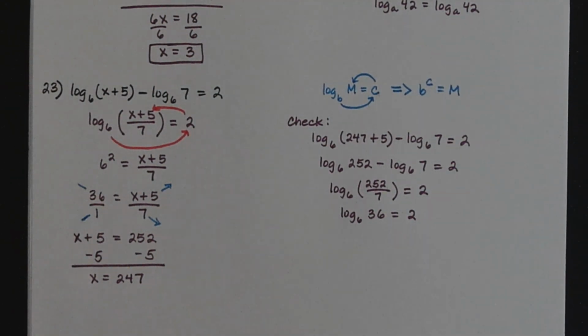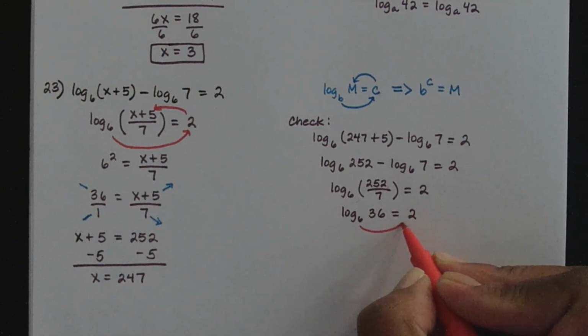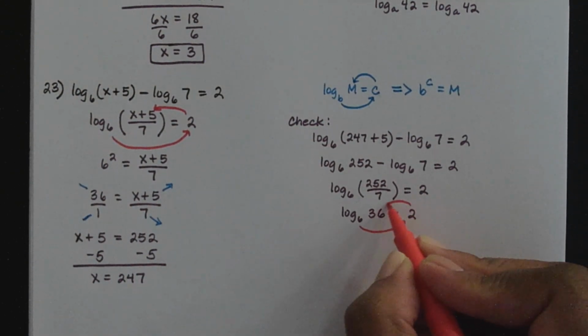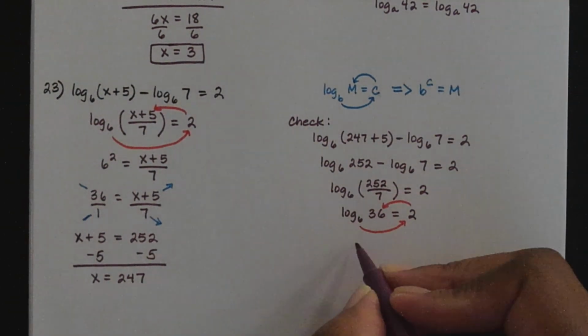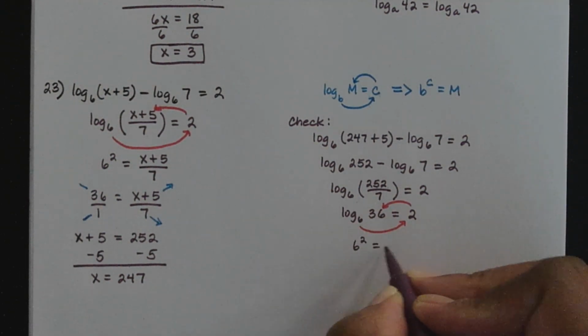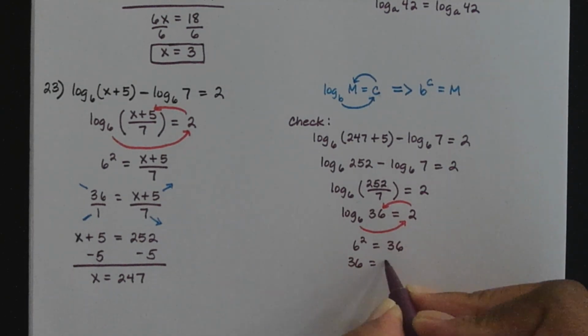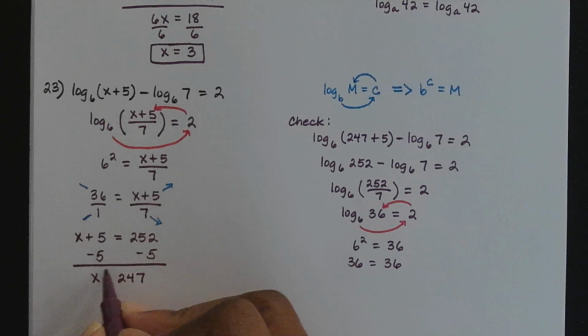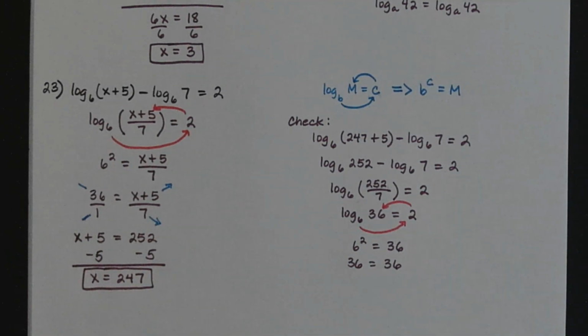And of course, if I convert that to its equivalent exponential form, that would be 6 squared equals 36. And then, of course, 6 squared is 36, so that checks. So that means x equals 247 is the solution to that logarithmic equation.